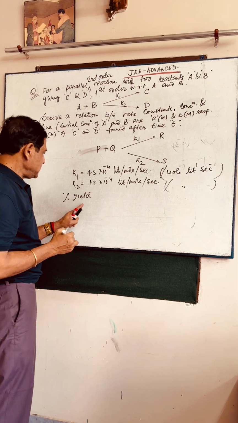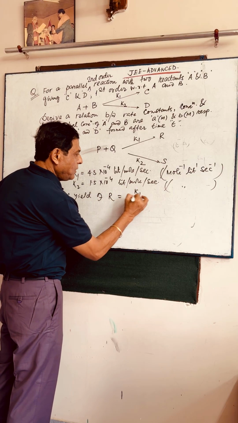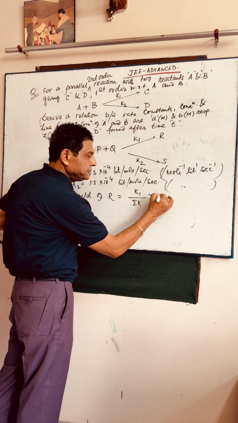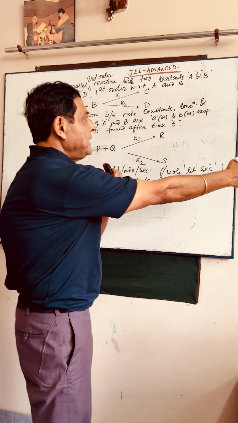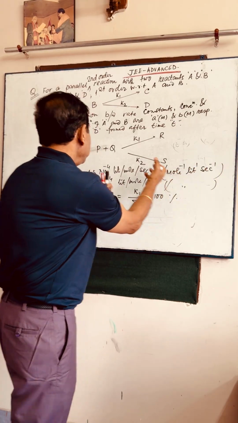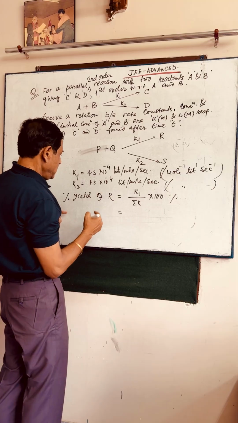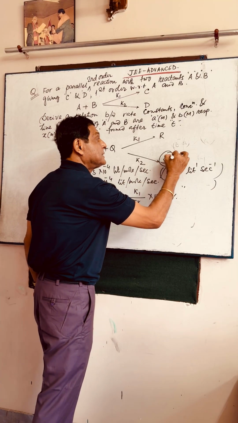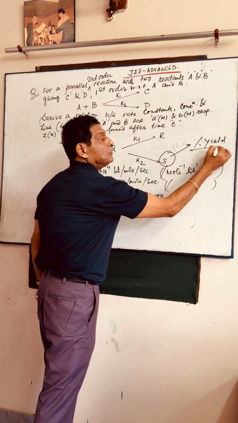Percentage yield of R is equal to K1 by the summation of K, that is K1 plus K2, into 100. K1 value is given, K2 value was also given. The question asked the percentage yield of S, you find that out.